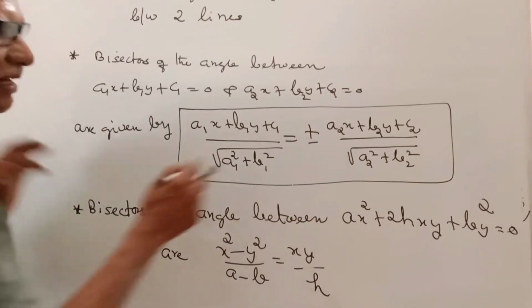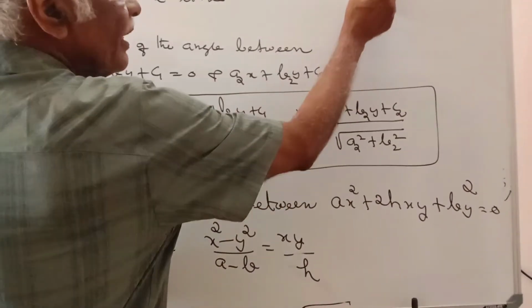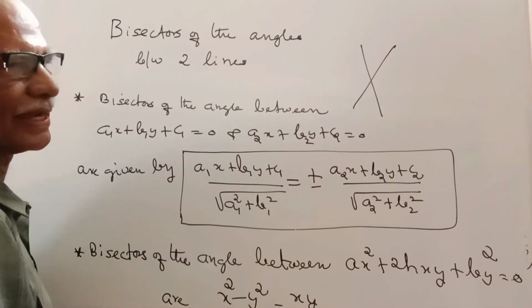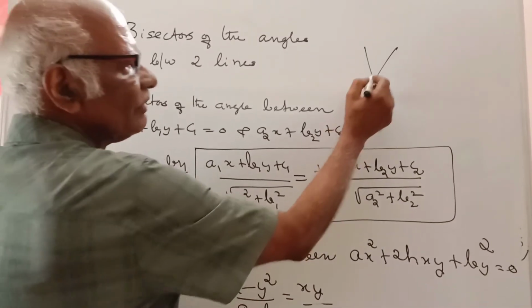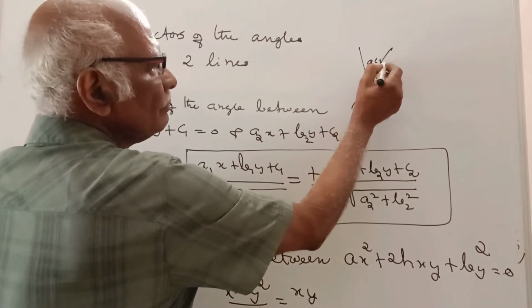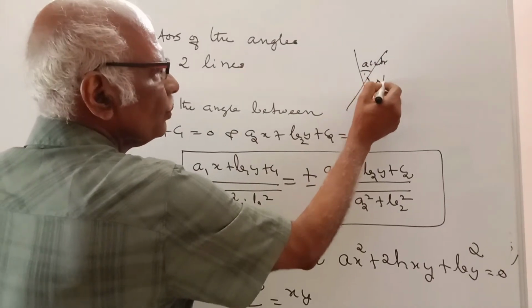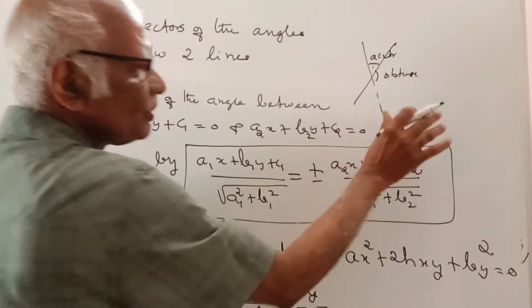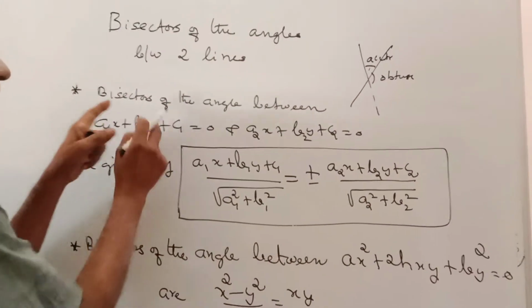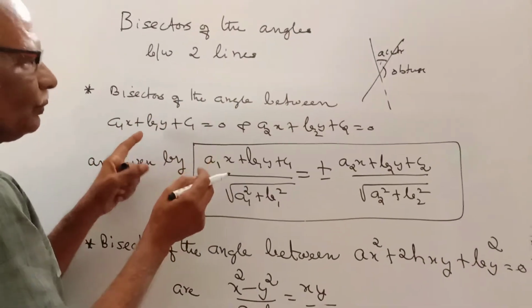This plus or minus comes because if you have the angles between two lines, one is acute, the other is obtuse.